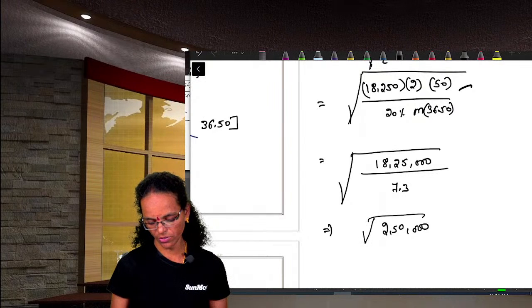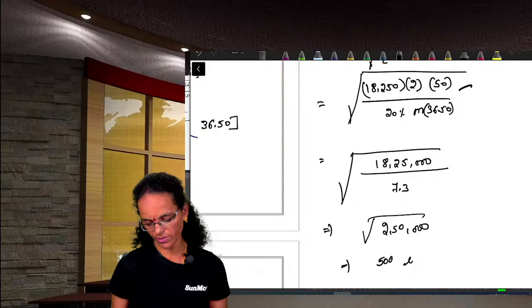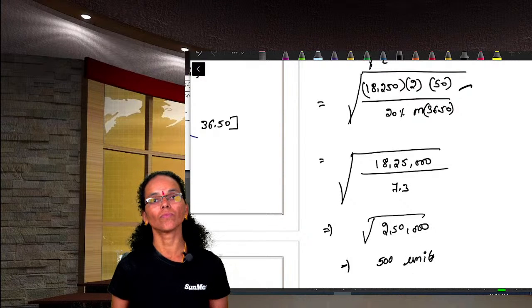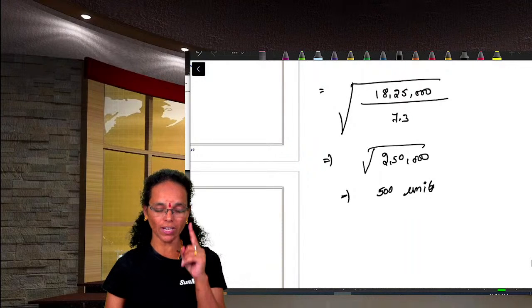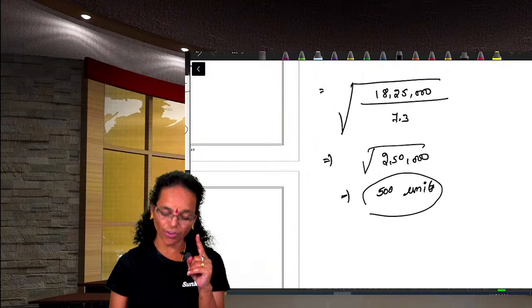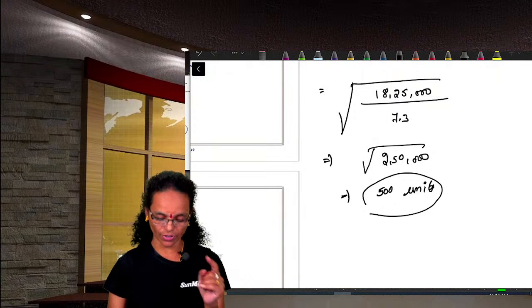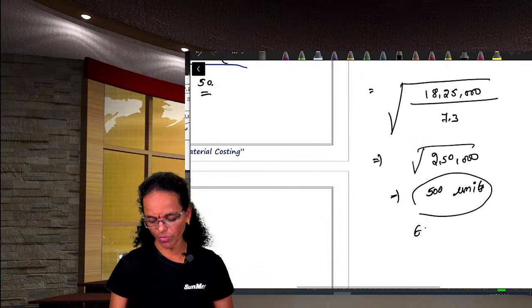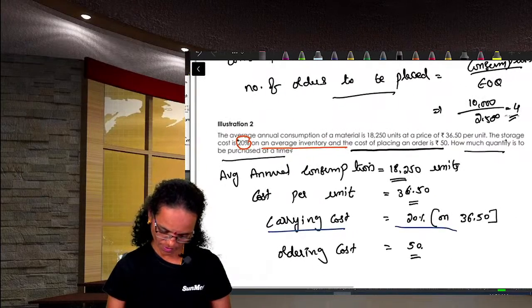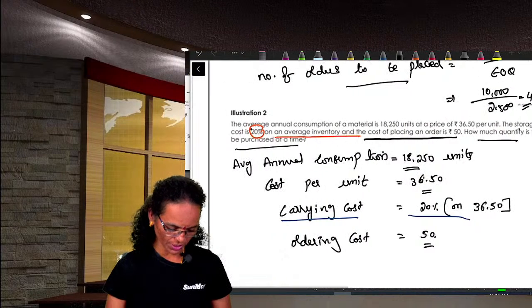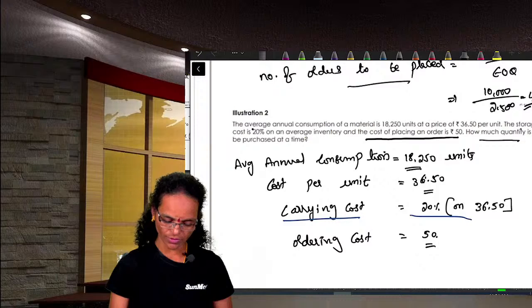For that do under root, 500 units. Right? No, I'm sorry, 500 units. So this is the economic order quantity. How much quantity is to be purchased at a time? That is the economic order quantity we have seen.